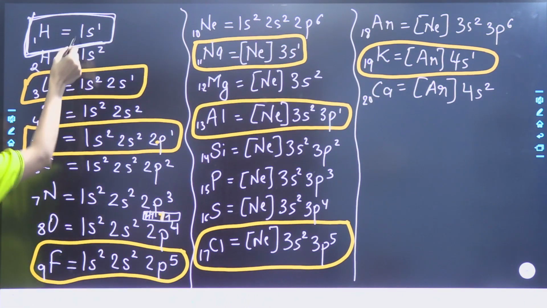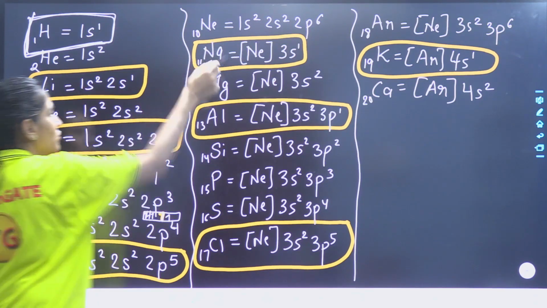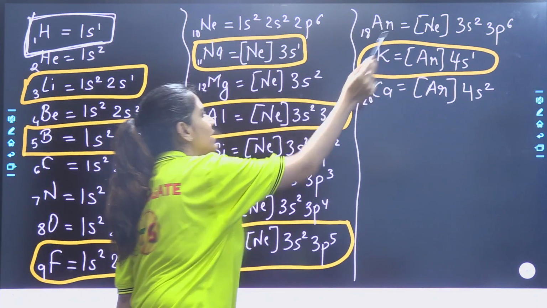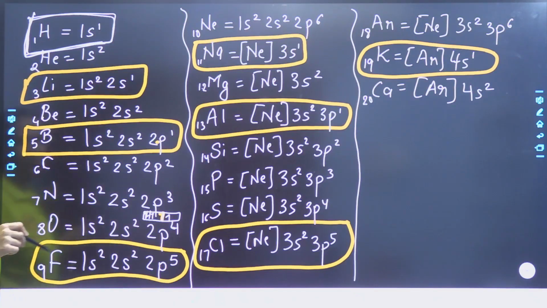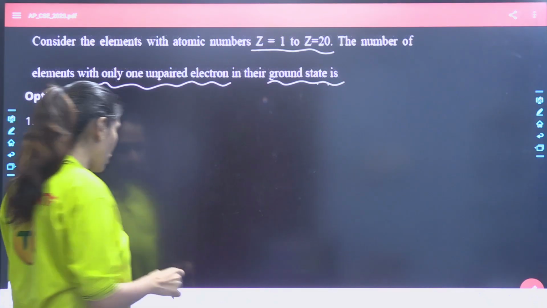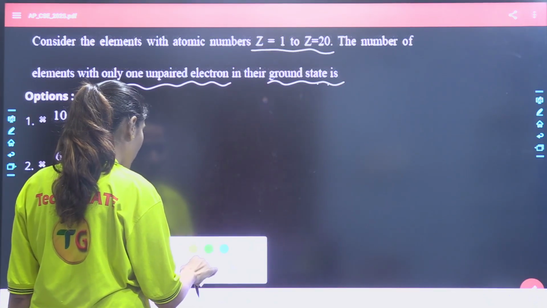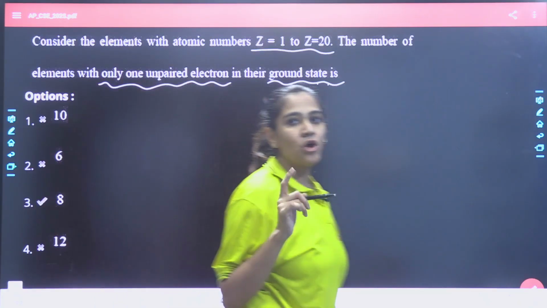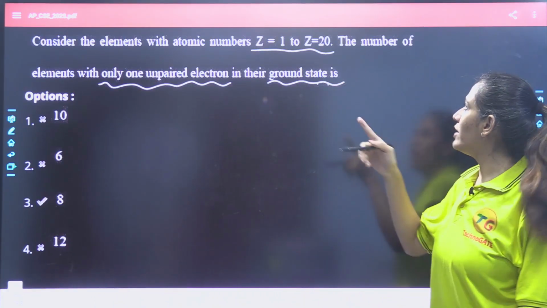So how many? 1, 2, 3, 4, 5, 6, 7 and 8. 8 elements have 1 unpaired electron in their ground state, among atomic numbers 1 to 20.